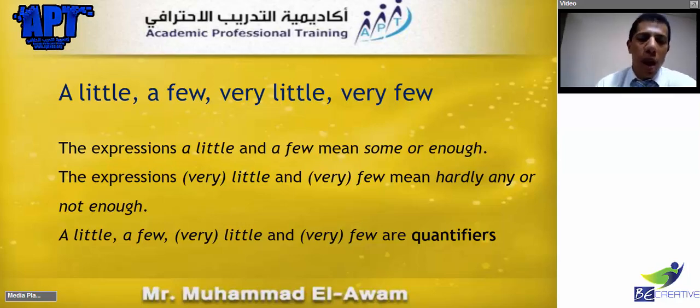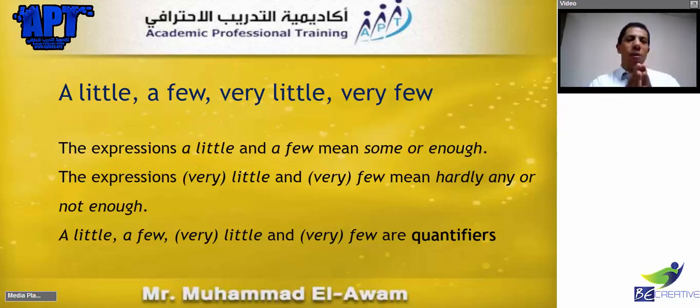Now, a little, a few, very little, and very few. A little, very little, a few, very few. The expressions a little and a few mean some or enough. What is the meaning of these words? The expressions a little and a few mean some, a little bit, or enough.